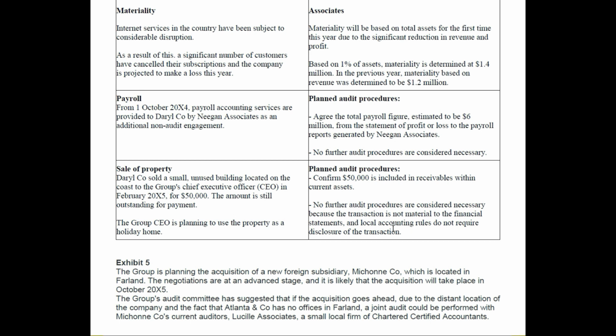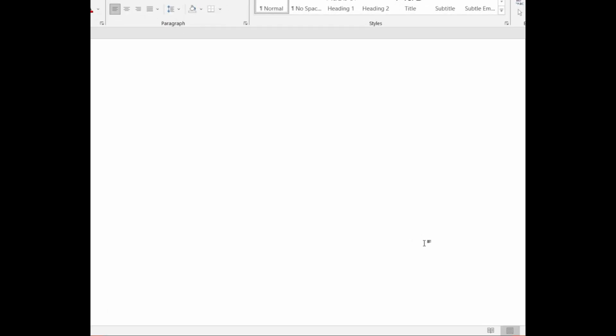So shall we move on to the drafting process now? We have to draft points for the audit procedures to be performed, right? So are you ready? Okay, let's move on. Now since this is in continuation, I am mentioning this over here too, and I am mentioning part B too, right?